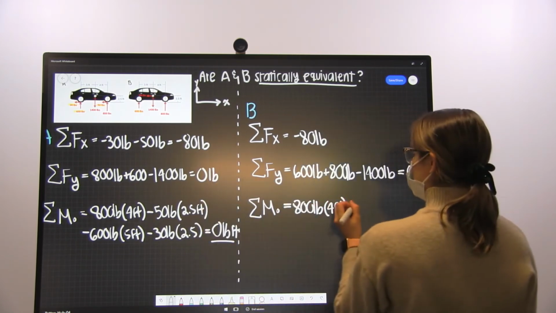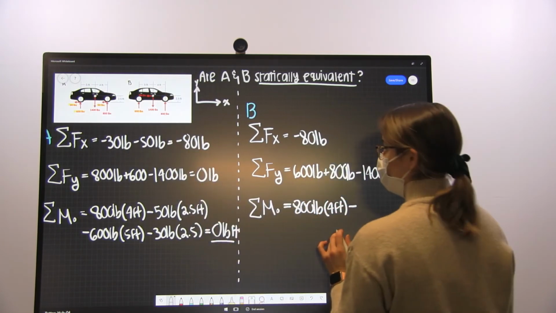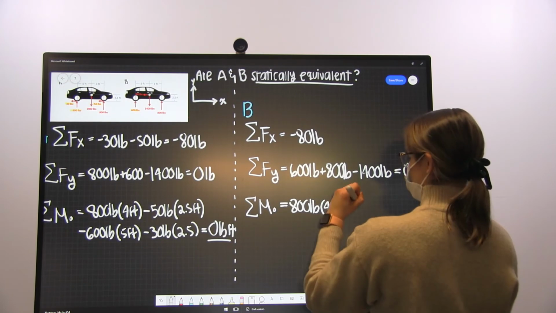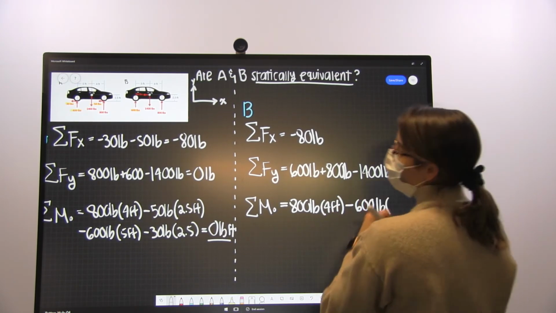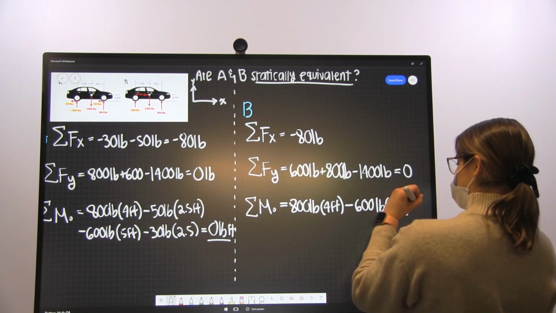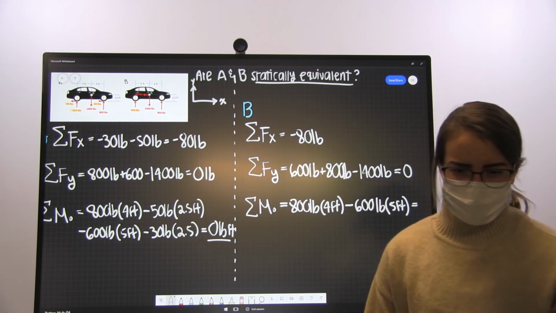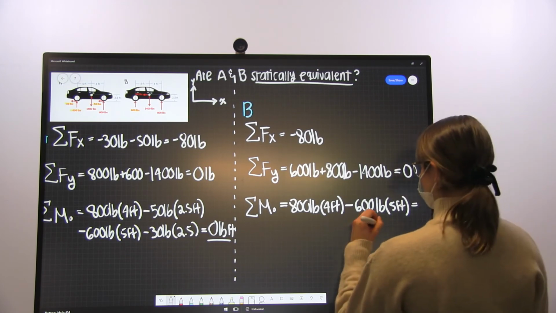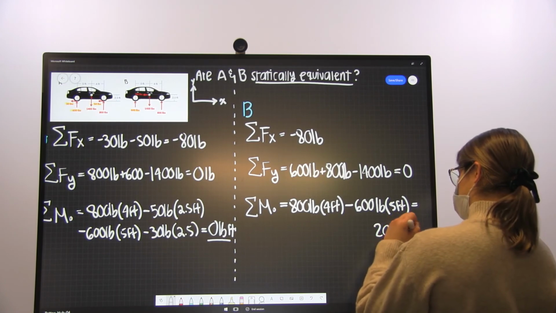Then 600 pounds is a negative moment because it's exerting a negative, or clockwise, rotation. So 600 pounds times 5 feet. And that is going to give us 200 pound-feet.